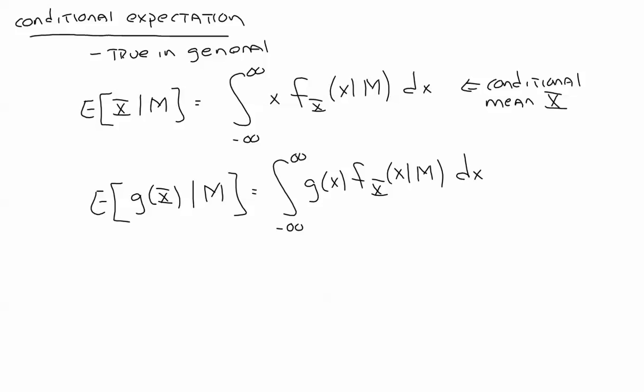Okay, that is the mean value of a function of x given that event M has occurred.